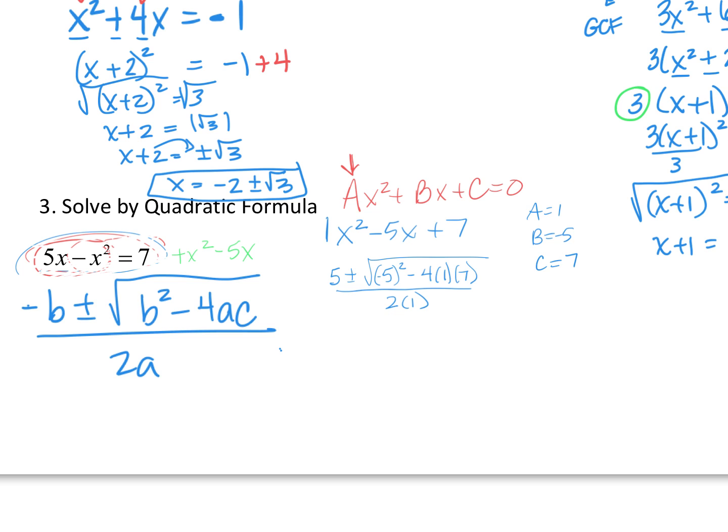What happens when you square a negative number? Becomes positive. Always, always, always, right? So my next step is just to start cleaning this guy up. So if negative 5 squared gives me 25 minus 4 times 1 is 4. 4 times 7 is 28, all over 2.